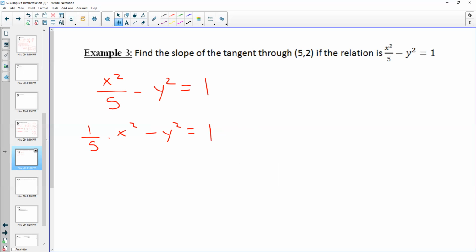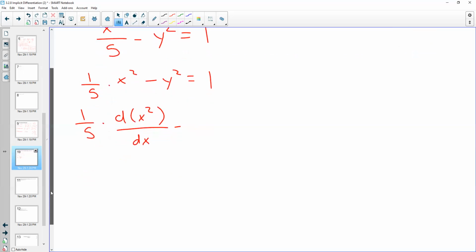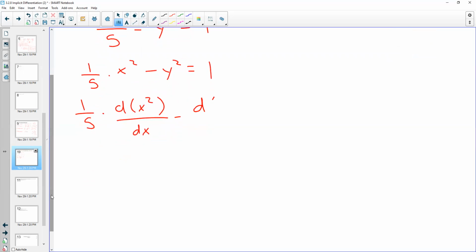Now we will take the derivative of this. So 1 over 5 multiplied by the derivative of x squared with respect to x minus the derivative of y squared with respect to x equal to the derivative of 1 with respect to x.